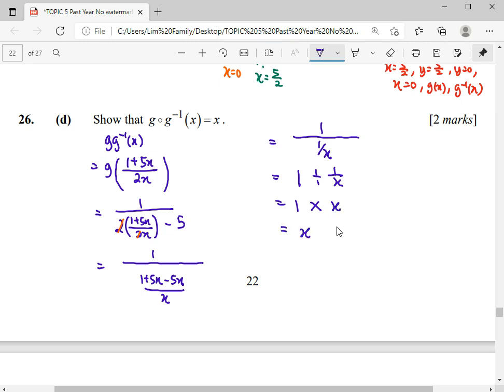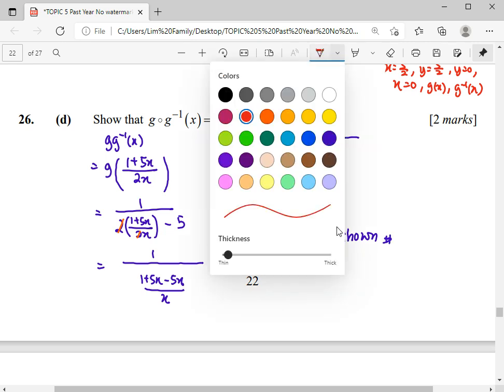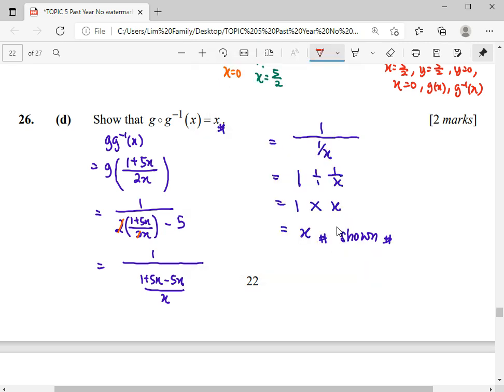So our answer will equal to x. So this is what they asked us to show. Equals to x. So exactly we can get shown. So we only have 2 marks here. The first mark is how we perform our concept of composite and get until we show we get answer x.